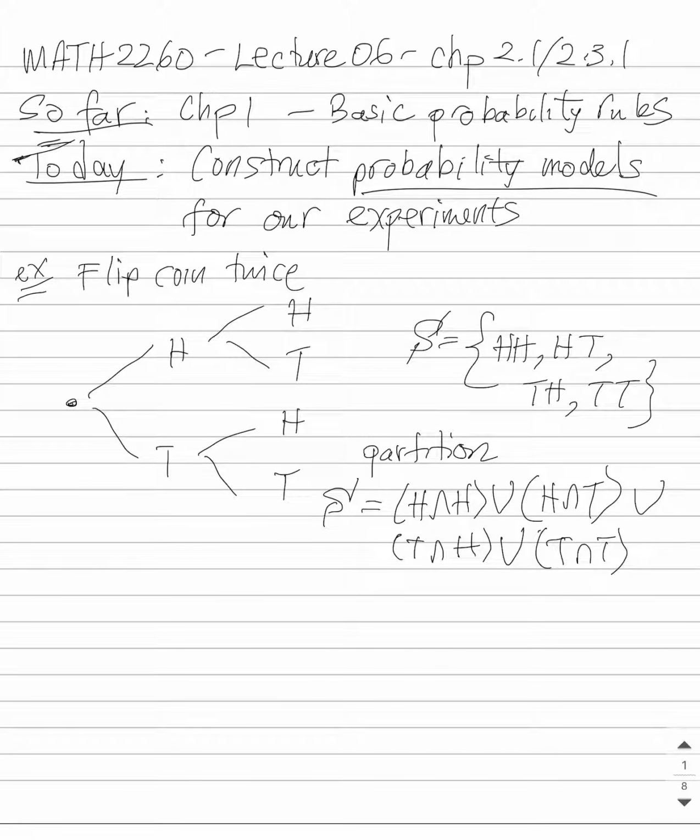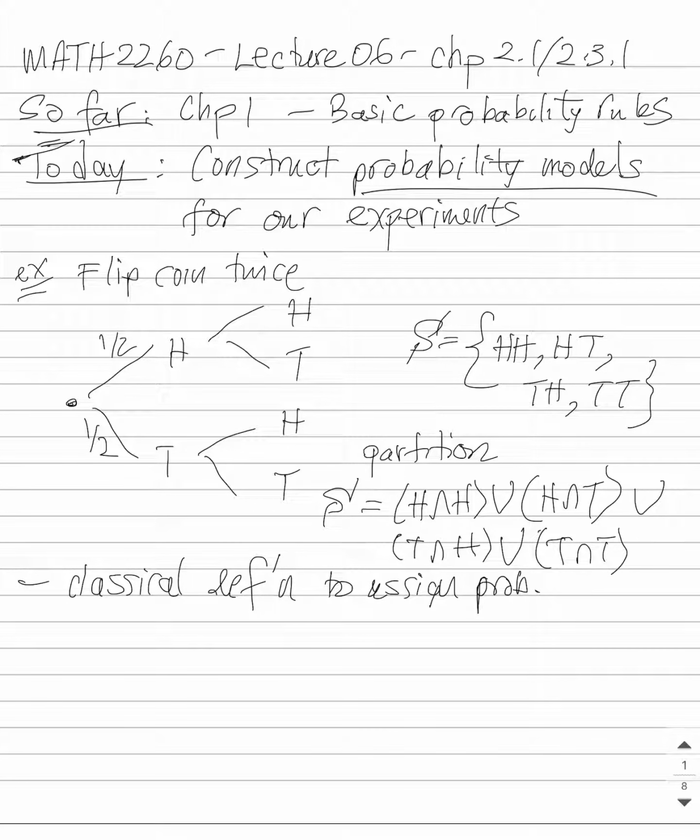Now, we also learned about how to assign probabilities. And here we can use the classical definition to assign probabilities to this particular experiment. So for instance, you have a 1/2 chance to get a heads on the first flip because there are only 2 outcomes on flip 1, heads or tails, and you have an equally likely shot of getting them.